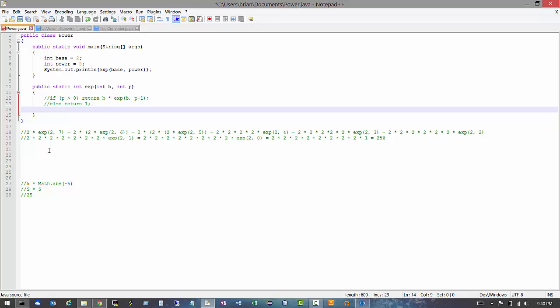It's also in a lot of other languages like C++ and C, where we can do a single operation where we do p greater than 0, and I usually like to put that in parentheses.